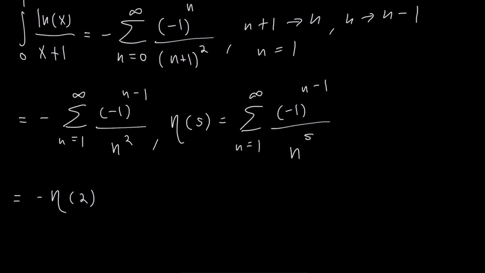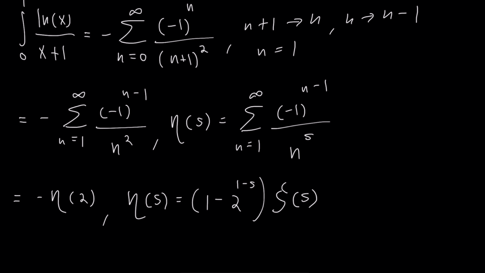There's also another result that eta(s) is 1 minus 2 raised to the 1 minus s power times zeta(s), where zeta(s) is the Riemann zeta function.